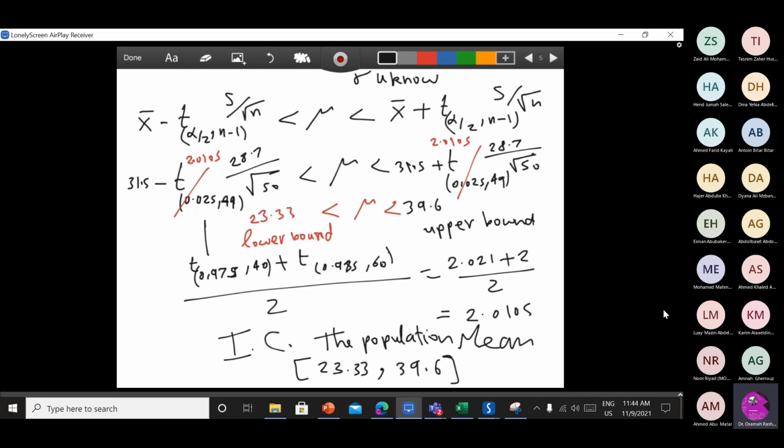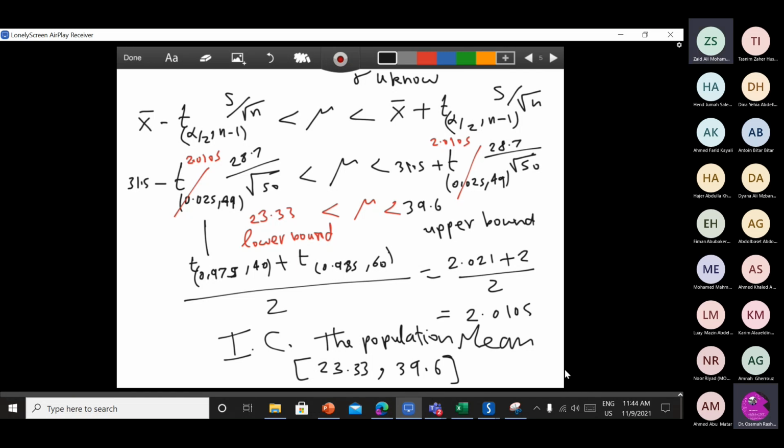So I use T and Z. Easy. I remind you how to use a table for Z, for T as well. And if you don't have the specific value and it is between two values, you take the first one plus the second one over 2.